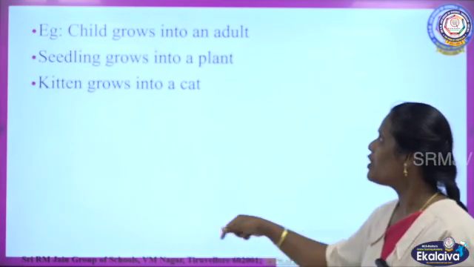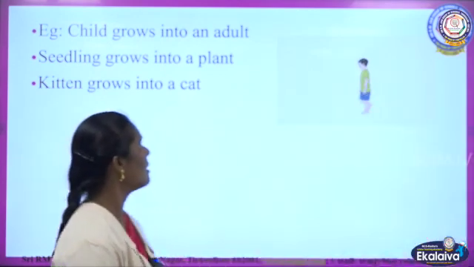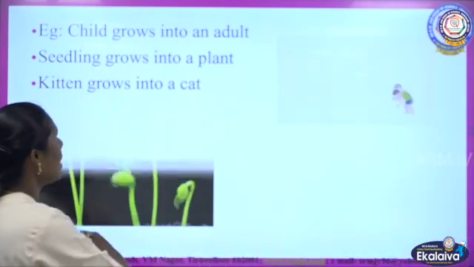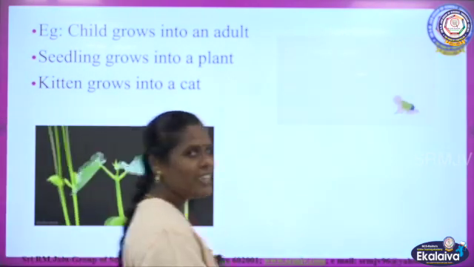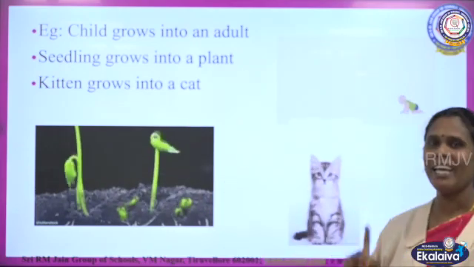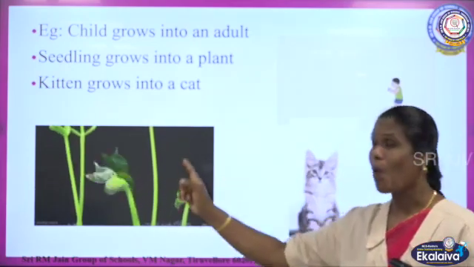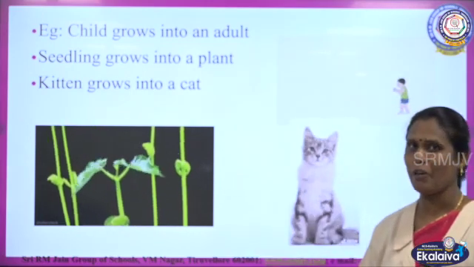See here, a child grows into an adult. A seedling grows into a plant. Then a kitten grows into a cat. These are examples of growth and development.